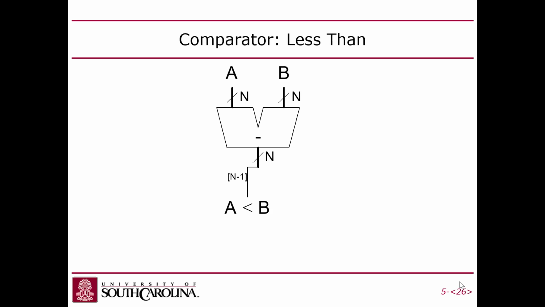Well, what happens if the signs are different? Let's say you've got -5 and +4. This was the special case that we were testing in the ALU design in class. This would be -5 minus 4, obviously a negative, and so A is less than B, right?